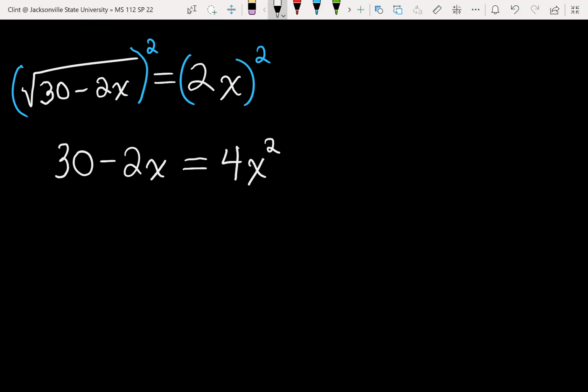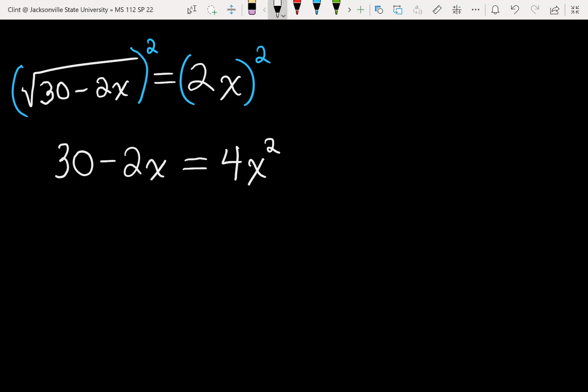Our rules of exponents say we have to distribute that power to every factor inside the parentheses, so we take 2 squared times x squared. Then just look to see what we have left. So here we've got a quadratic again. It's nice when they turn out to be linear, but sometimes we do get these quadratics involved.